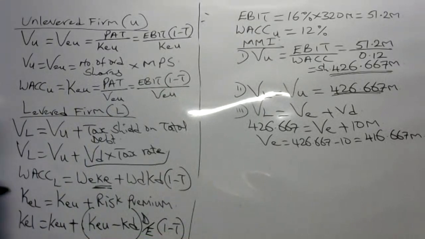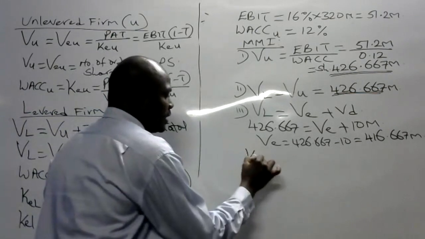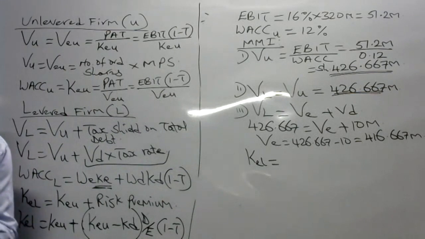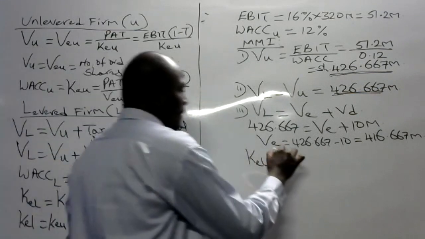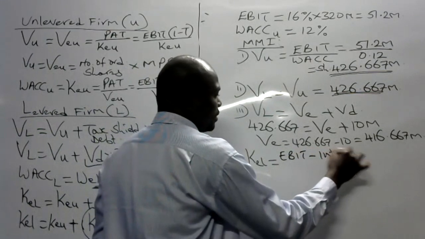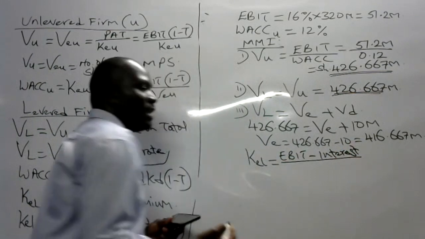So from that, I can get the weight of equity and the weight of debt. Right? Can I have the cost of equity? EBIT minus the interest, then I divide by what?